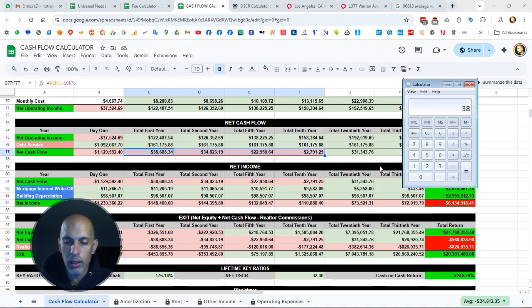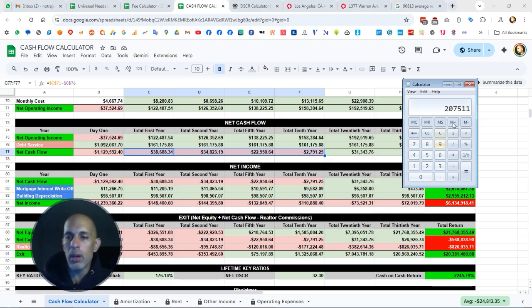We're going 38,688 plus 34,823 plus maybe 30,000, then 26,000 plus 23,000 plus, what's 23 minus 4? 19,000 minus 4 is 15,000 plus 11,000 plus 7,000 plus, let's see here, 7,000 minus 4 is 3,000.